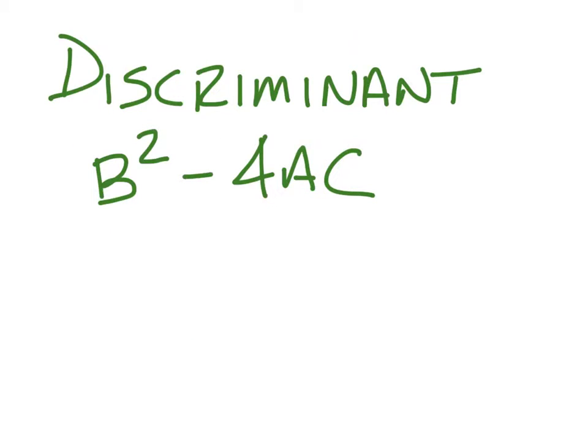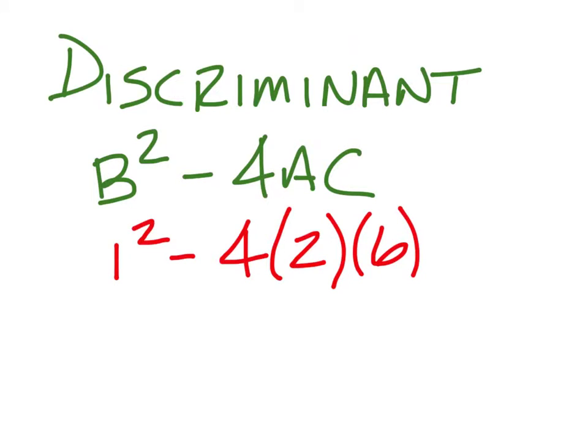Now you have to use the discriminant to figure out if it's going to be a real answer or if you're going to end up with a complex answer. So a, b, and c that we found, you plug those into that little formula and then evaluate it. 1 squared minus 4 times 2 times 6. What does it come out to be?